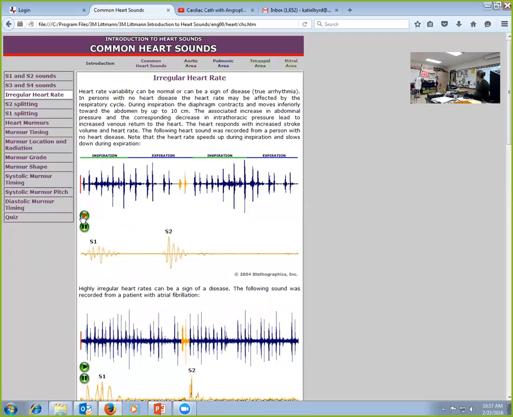Mine does that too. So again, it can mean nothing. It could mean something, but usually means nothing. I have this.